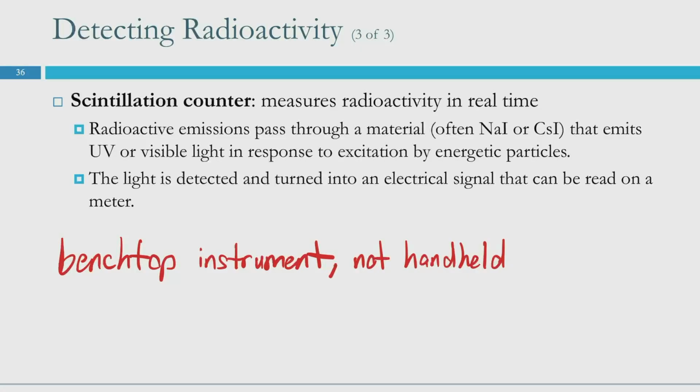Your radioactive emissions pass through some sort of material, which emits UV or visible light when those energetic particles go through it. Then that light can be detected and turned into an electrical signal that can be read out on an instrument. There was probably a handheld version, but the scintillation counter that I was using was a benchtop thing. Not super large. I don't think they're terribly expensive either.